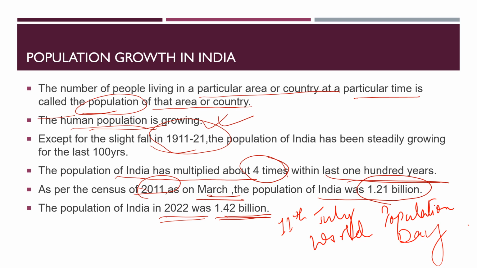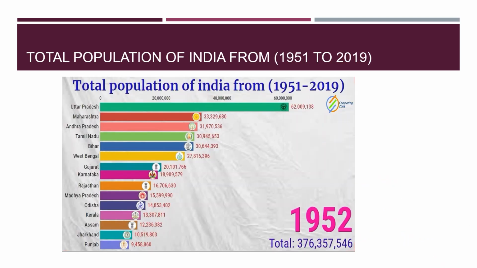So in the next slide we are discussing the factors. First we will see how the population of India is state-wise. Now see here in this chart we have shown how the population has increased from 1951 to 2019, the total population of India.